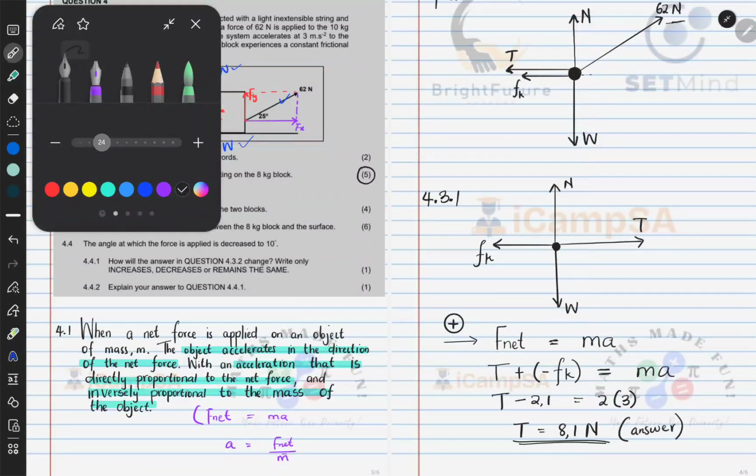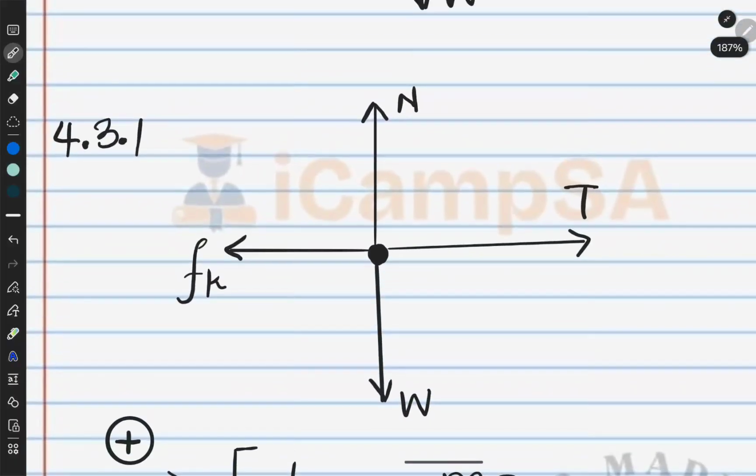Let's do this. So here, before we go to 4.3, in case you're wondering why, if you check my free body diagram, you see that my vector for tension is longer than my vector for the kinetic friction. And then these two seem to be of equal length, the normal force and the weight. Since this block is moving to the right, it means whatever force is going to the right is somewhat greater than whatever force is trying to oppose the block's motion.